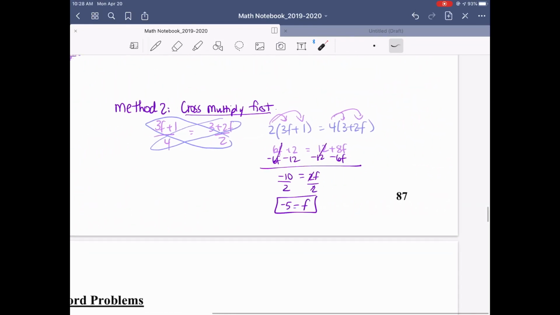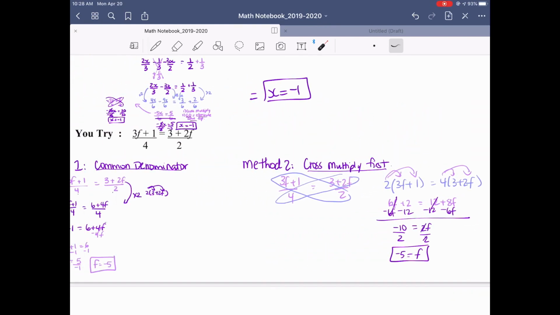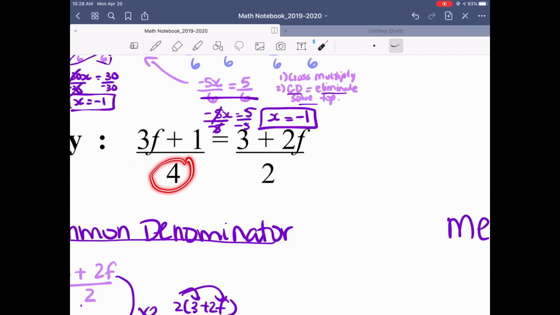For the second method, I said to start you should cross multiply. There's more than two methods, you guys. Instead, you could have said, okay, I want to get rid of this divided by 4, so I'm going to times this by 4 over 1, and then you can continue that way.